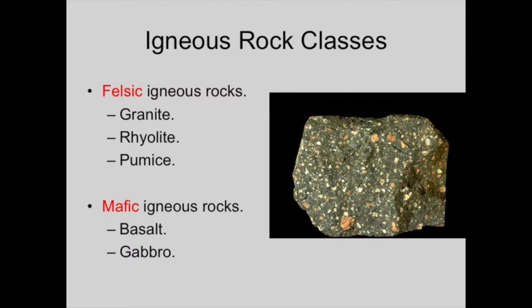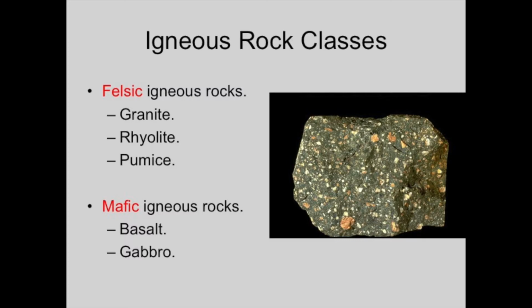Unlike felsic rock, mafic minerals are low in silica, high in magnesium, and of course iron, and they also have very high melting points. The rocks formed from mafic minerals are generally darker in color and have a greater density than the felsic minerals. This would include things like basalt, which is finely grained, and it would include another common type, which is gabbro, which we see depicted here in this slide.